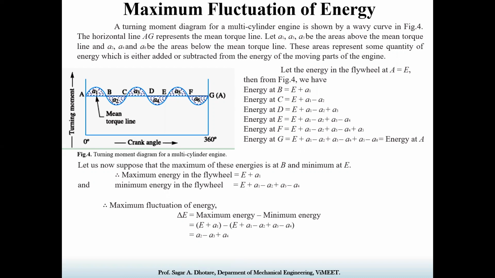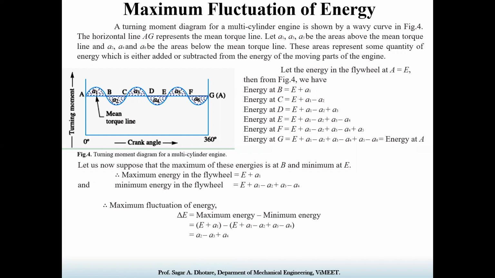Each time the area changes, the energy gets added or subtracted. The curve above the mean torque line we add, that is, energy is increased with the area, and the area below the mean line we subtract, as the energy is utilized.